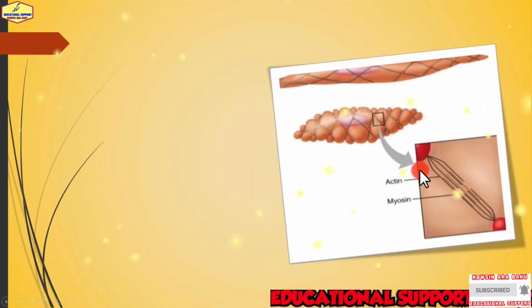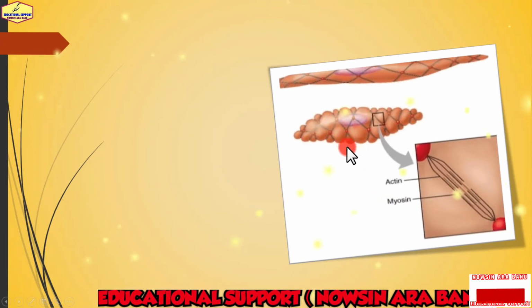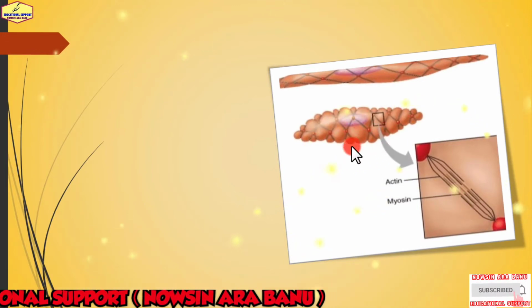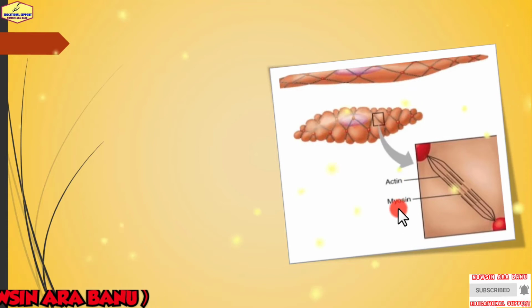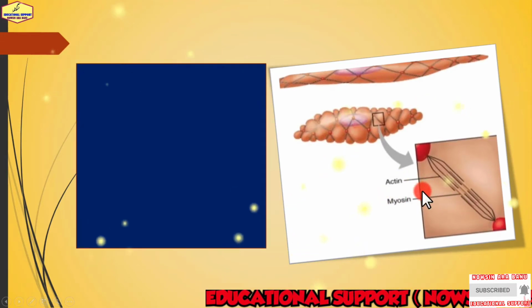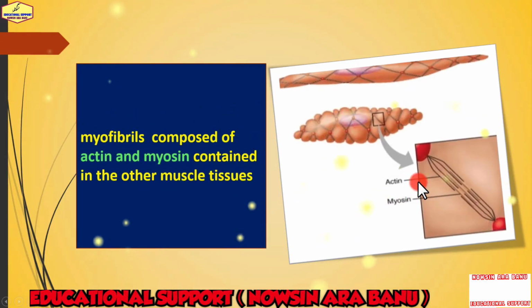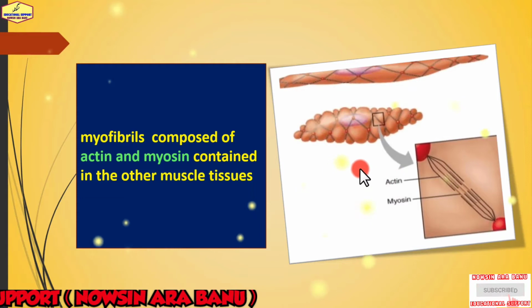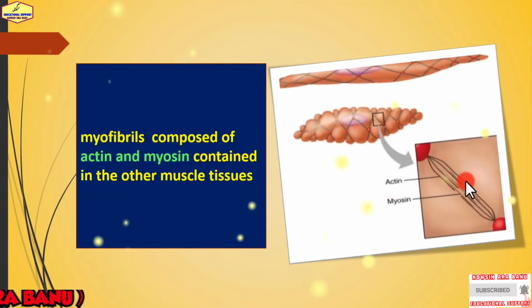These myofibrils are composed of the same thin filaments of actin and myosin contained in the other muscle tissues, except that they are arranged in a more random fashion.